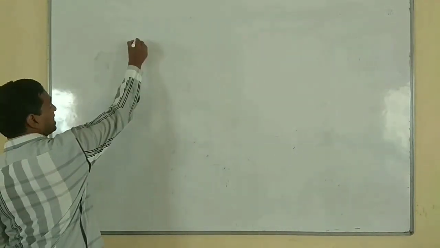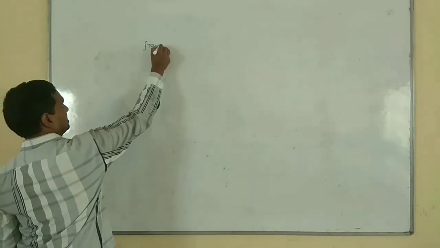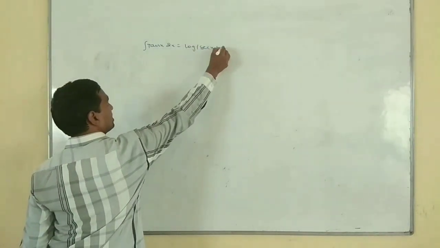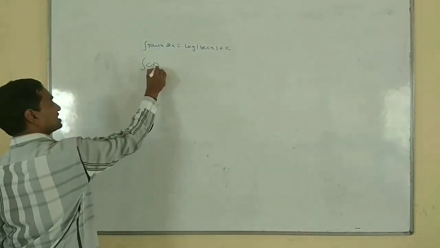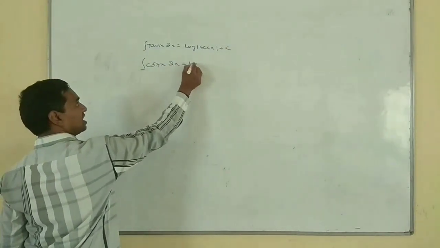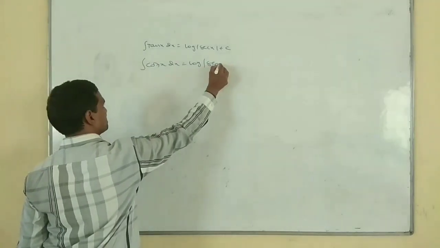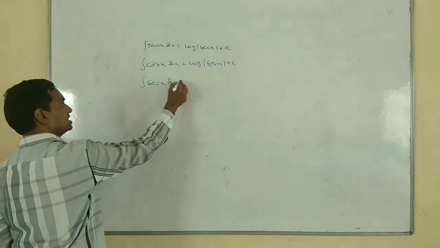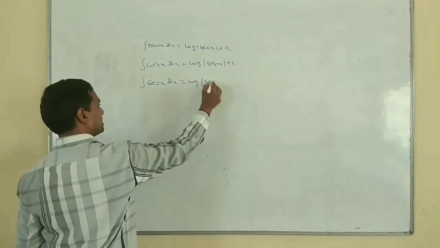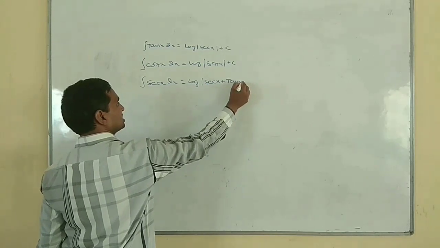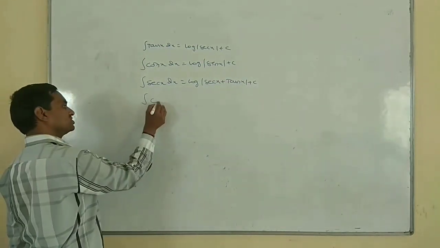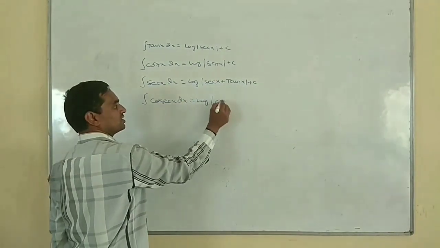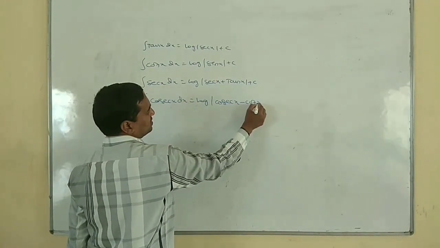The integration of tan x dx is log modulus of secant x plus c. Integration of cot x dx is log modulus of sin x plus c. Integration of secant x dx is log modulus of secant x plus tan x, and integration of cosecant x dx is log modulus of cosecant x minus cot x plus c.